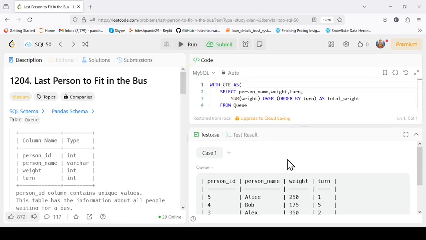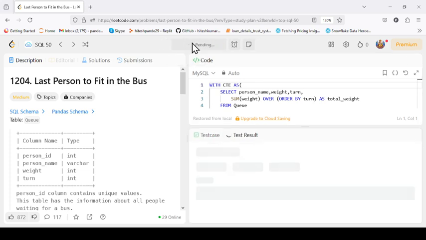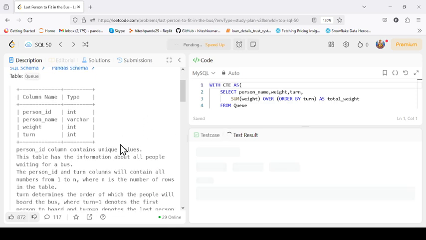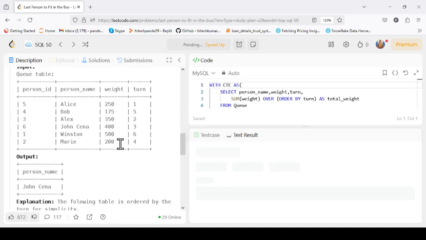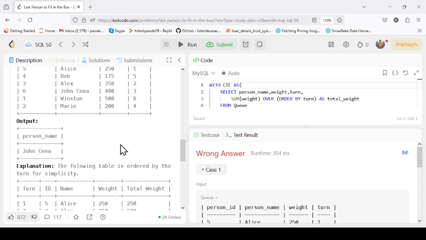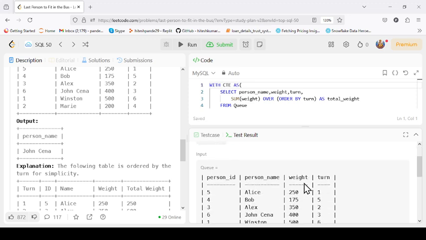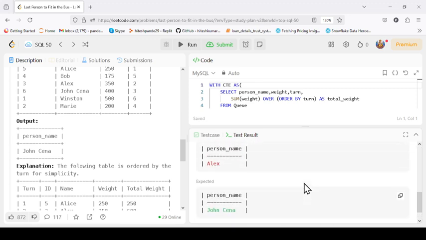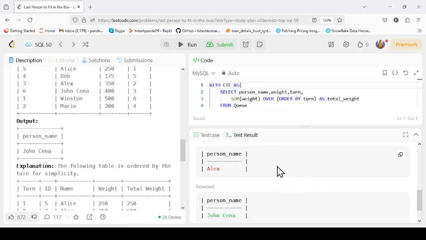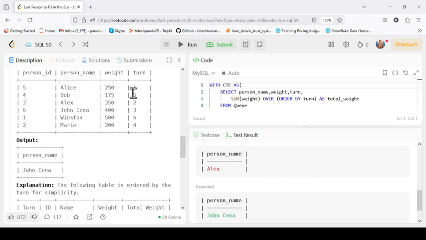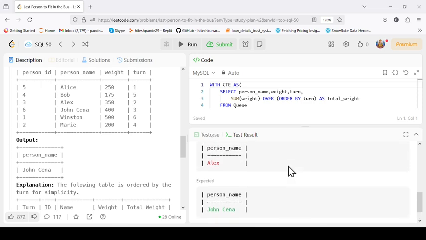Okay, so we will run this query. We will see whether we will get the expected output or not. We want the last person, where after adding their weight our total weight will become 1000. So from here we will get John Cena as per the problem statement. Let's see what we will get here. We are getting Alex.